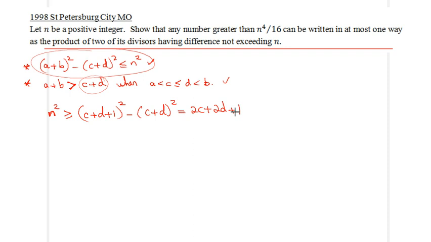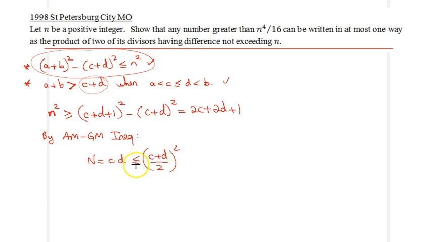Now it's time to use AM-GM, the arithmetic mean, geometric mean inequality. We have that n, which is equal to c times d, obviously, that would be less than or equal to c plus d over 2 squared.